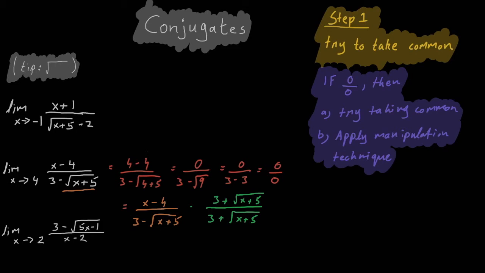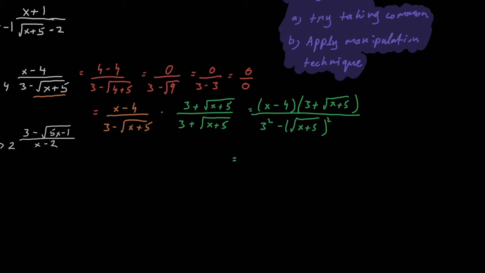Now we know the under root sign was in the denominator, so we'll only simplify the denominator. So numerator would remain the same, x minus 4, 3 plus under root x plus 5, and the denominator would eventually become 3 square minus under root x plus 5 square, which can be written as x minus 4, 3 plus under root x plus 5 divided by 9 minus x minus 5.